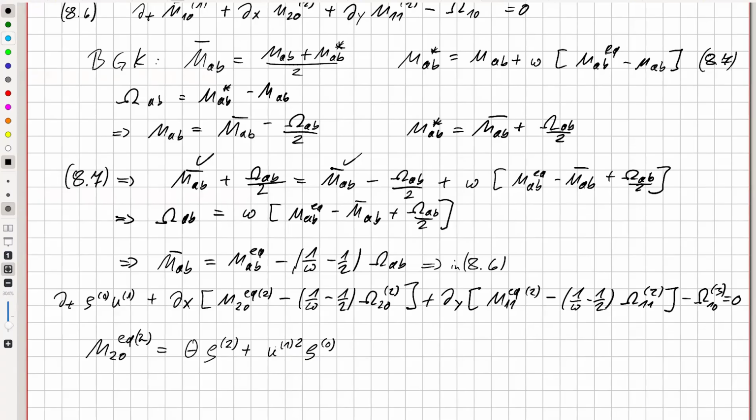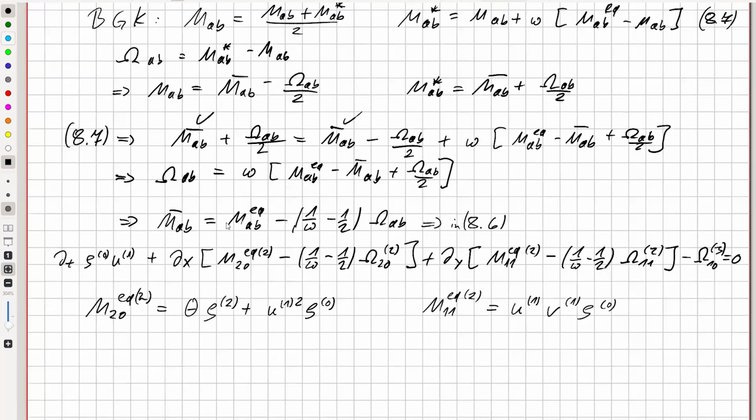So this is the equilibrium of this m20 moment, and m11 equilibrium to the second order is u1 v1 rho to the 0 order. Now we put these into the equation again and call this 8.8.